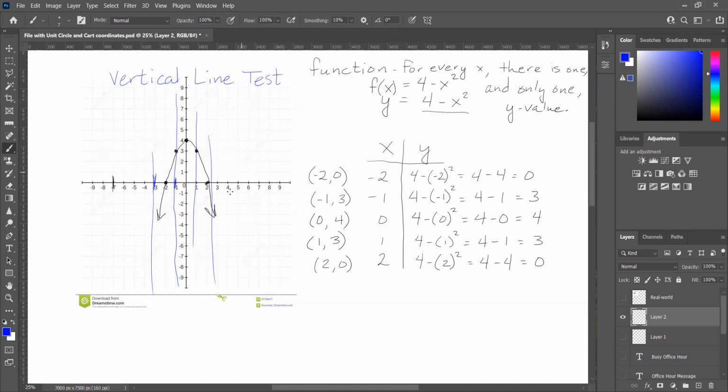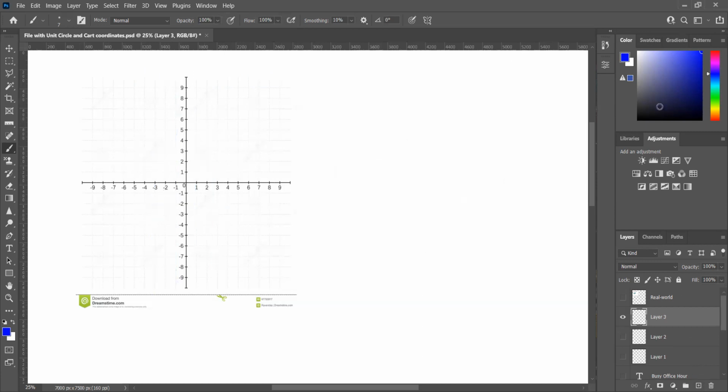We're just looking at the x values associated with every one of those vertical lines and seeing if it crosses at more than one place. So maybe I'll have a graph of something like this. That would be a cubic function, something like f of x equals x cubed plus 2x plus 3, or something like that.